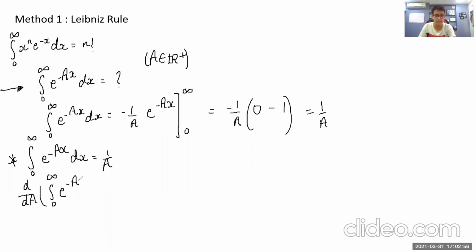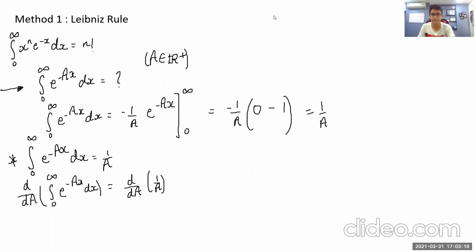So now let me write this like this, and now I'm going to differentiate with respect to a on both sides. And now if I just differentiate 1 over a, that's basically just a to the minus 1. So by the power rule, the minus 1 comes down and this becomes minus 2. So it's just minus 1 over a square.